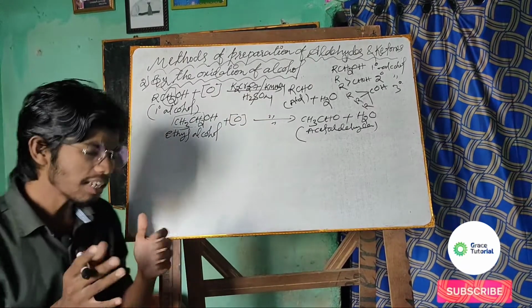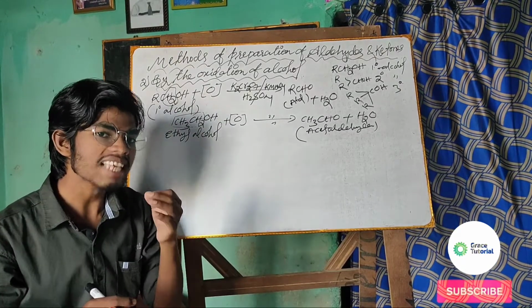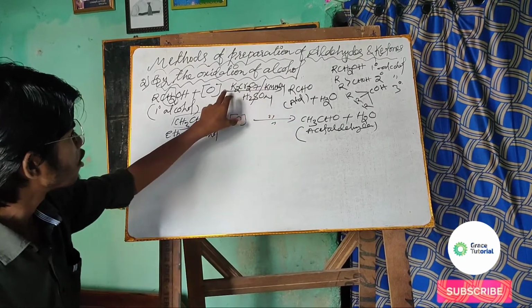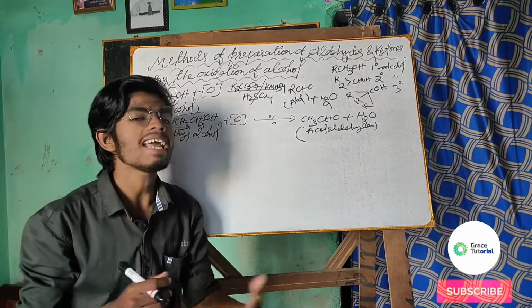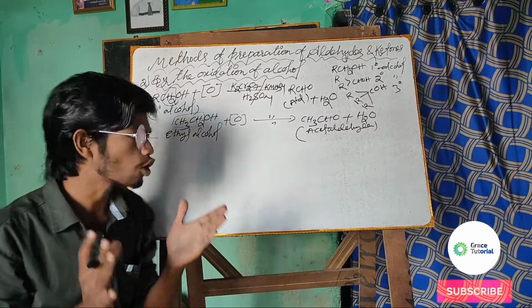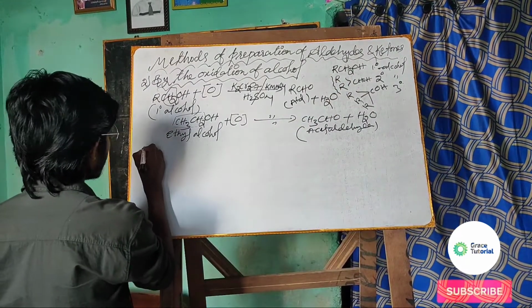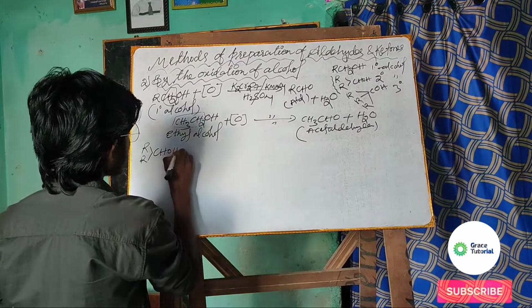Now there may be a doubt: how is the ketone formed? Yes, the ketone is formed from the secondary alcohol. Just as the aldehyde is formed by the oxidation of the primary alcohol, similarly ketone is obtained by the oxidation of the secondary alcohol. I have written here, this is the secondary alcohol, R2CHOH.